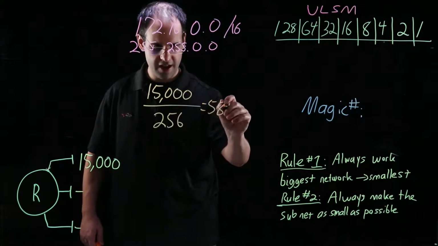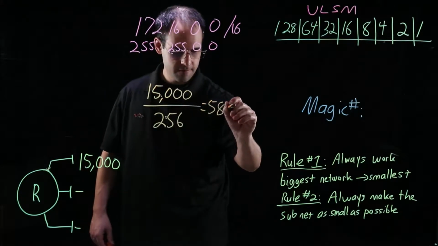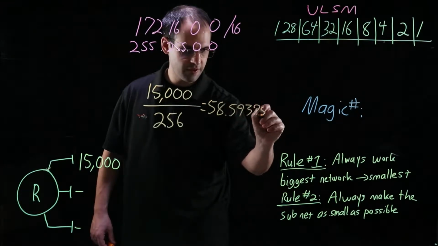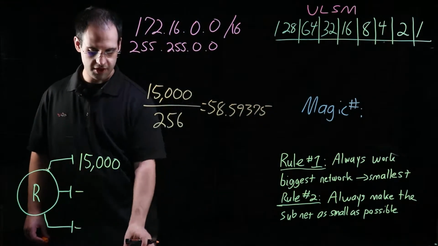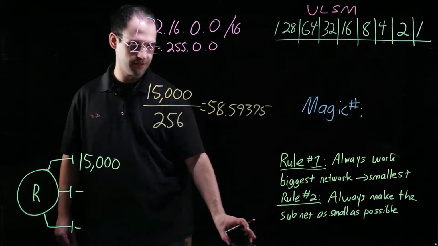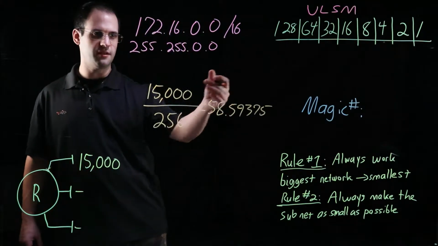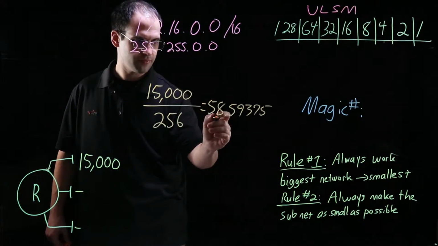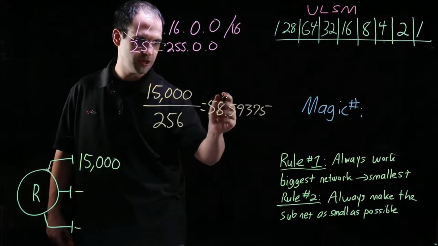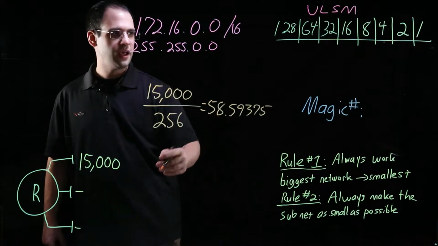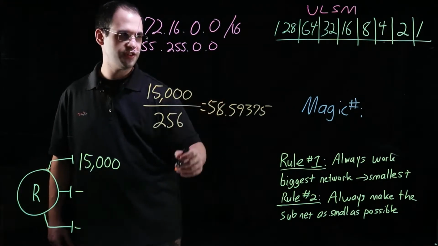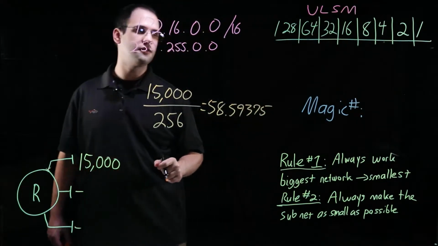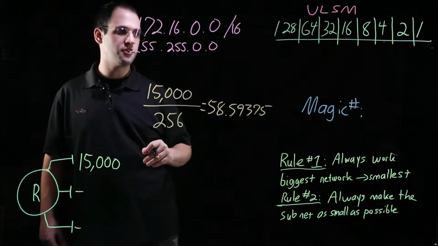If we do that, 15,000 divided by 256, I get 58.59375. That's a ridiculous number, but it does tell us something. It's more like 58 point something. What we can do is take this 58 and stick it into our binary chart here.